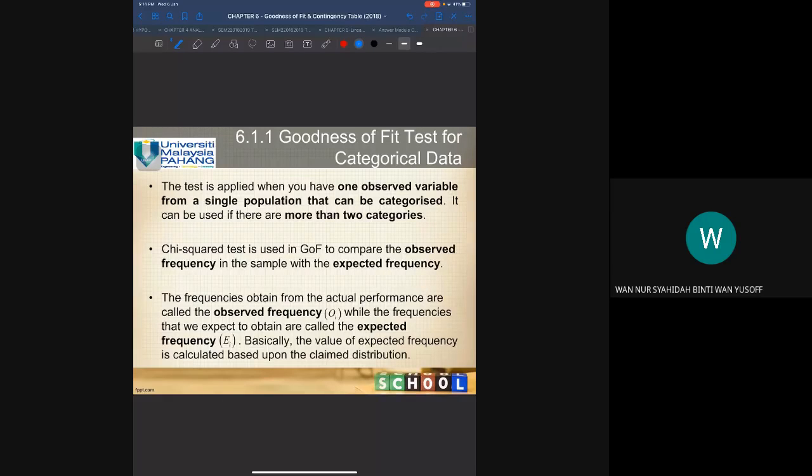Basically, the value of the expected frequency is calculated based upon the claimed distribution. The data given in your question is the actual performance, and we call it the observed frequency.